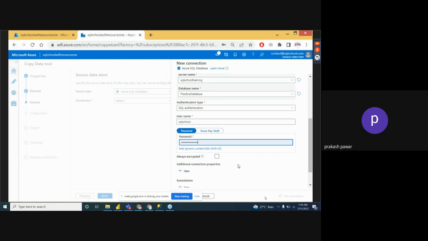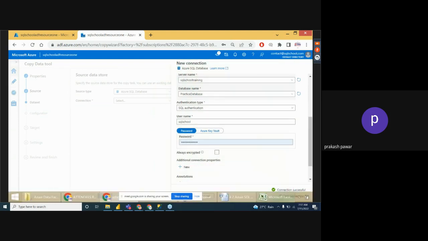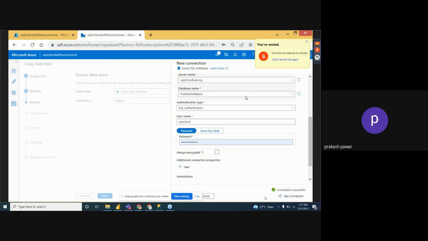Azure SQL Server username and password. Last week, when we configured the Azure SQL database, at that time, you specified one password, one admin login name and password. So you can use.